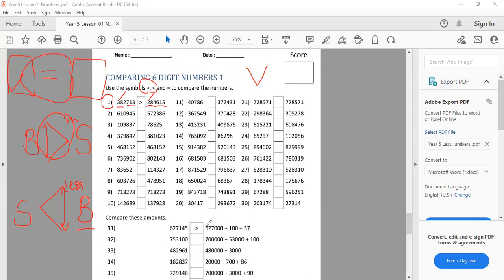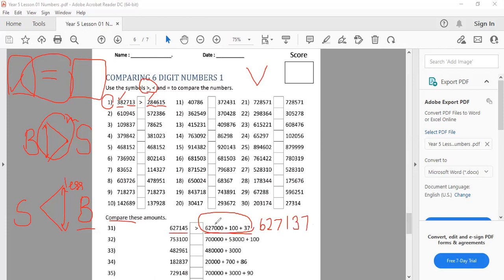Okay, before I go on to give you allocated questions, the bottom part, you see the lower part of the question, they break up the number. So what must you do? You put it together again. You add all of this, 627,137. That's your number now. So 627,137. Compare it with this number.